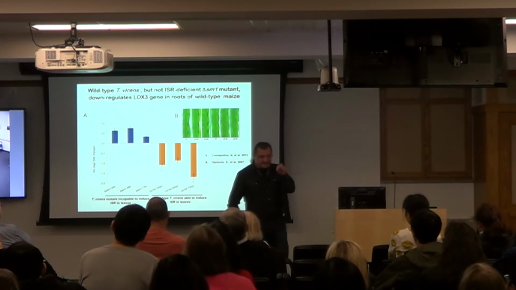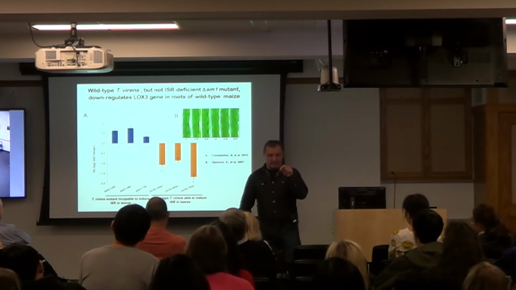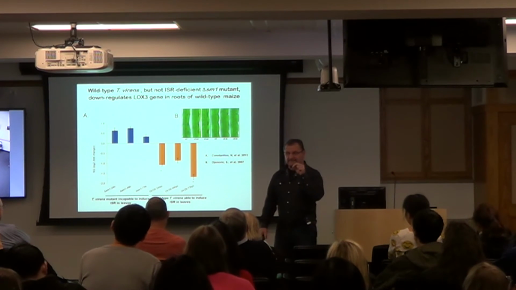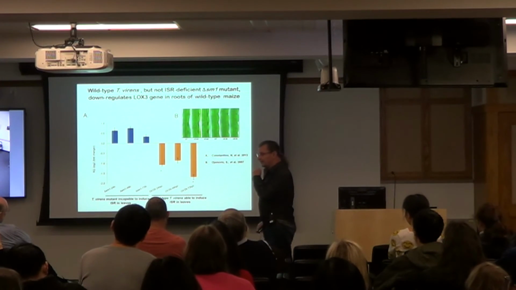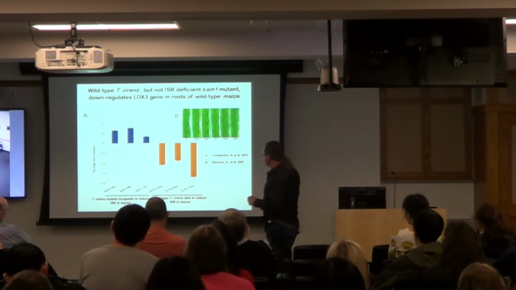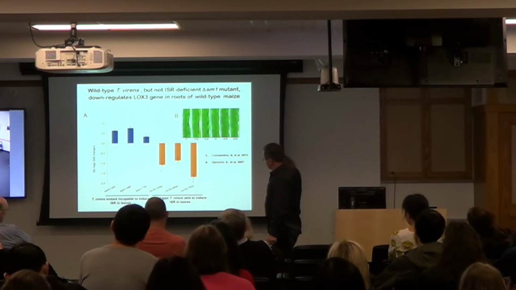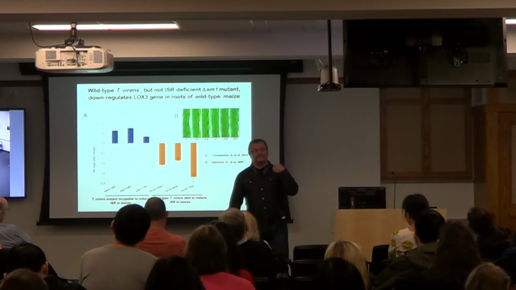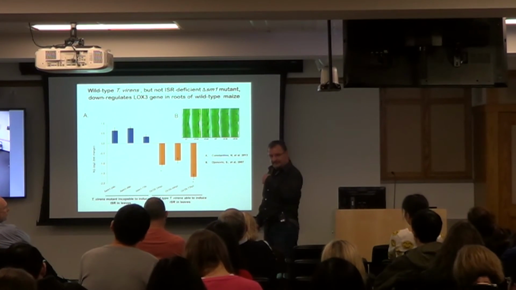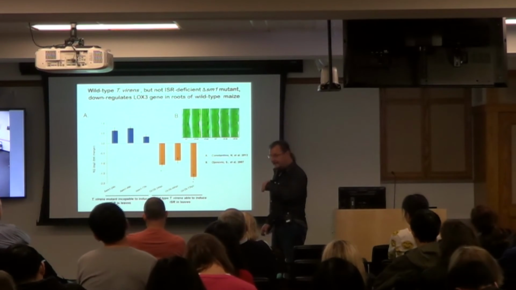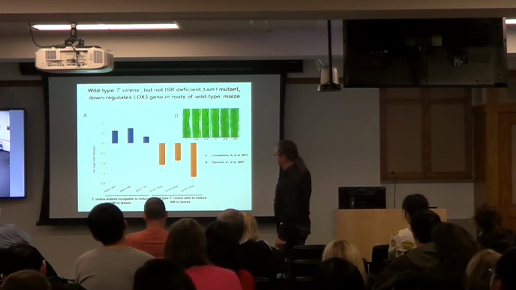So this SM1 secreted protein is required for inducing systemic resistance in the leaves. So we use this mutant and compare the effect of this mutation versus wild type on expression of LOX3 in roots. And what we saw is that wild type indeed, like I really hoped it would happen, when wild type Trichoderma infects roots, LOX3 expression is repressed.